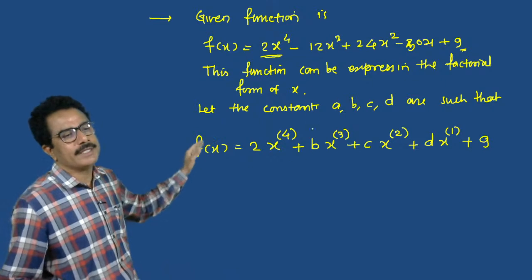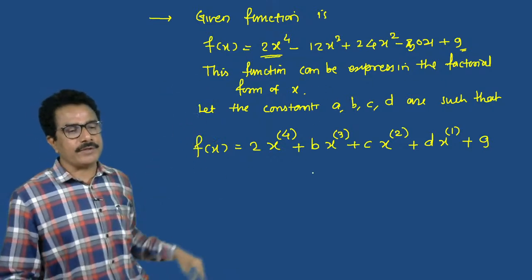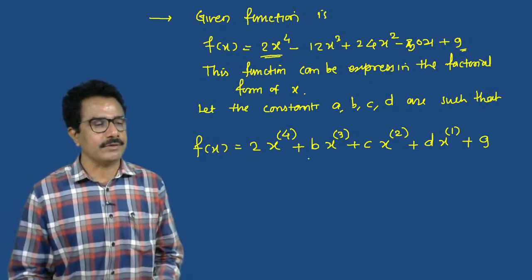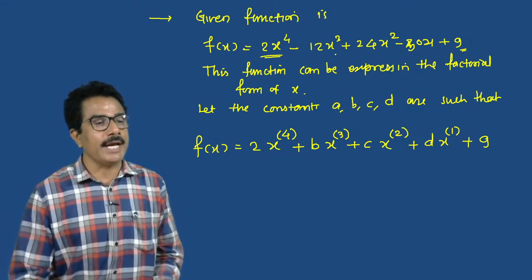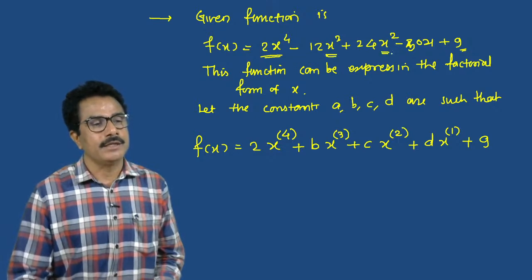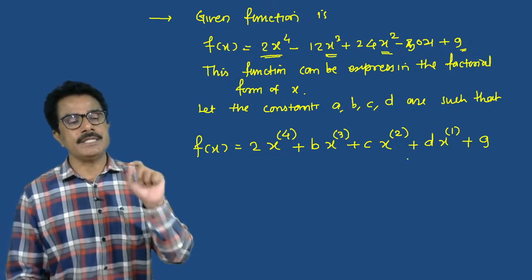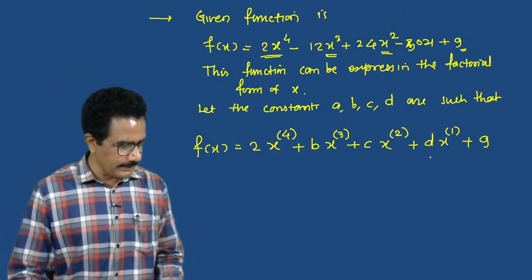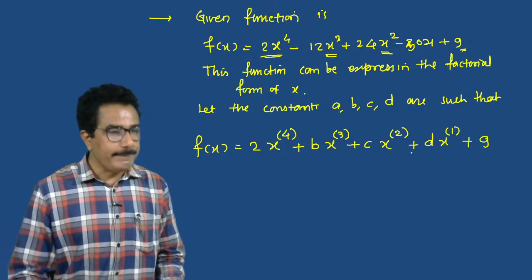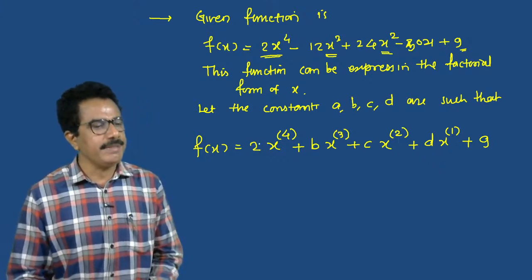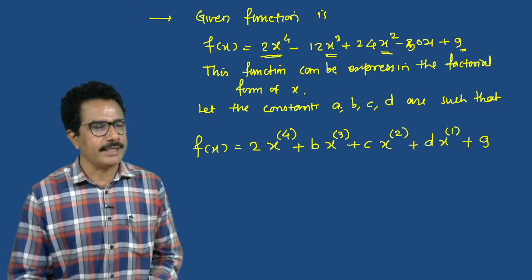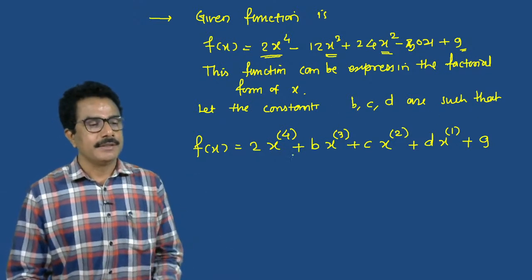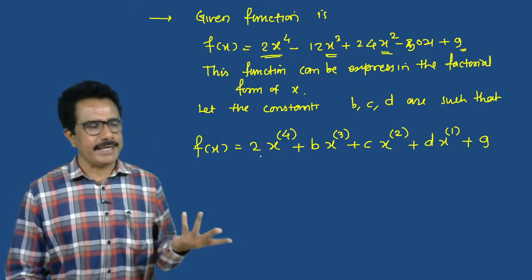Actually we have to write the given function in the factorial form. The first and last terms do not need factorial notation, but in between we have to represent it in factorial form. So we have to consider the constants b, c, d, such that a is 2 already.